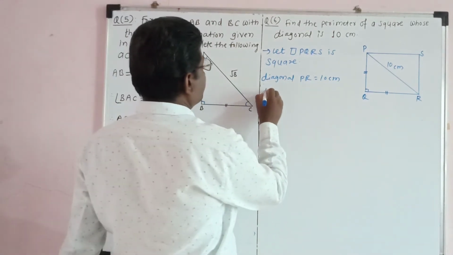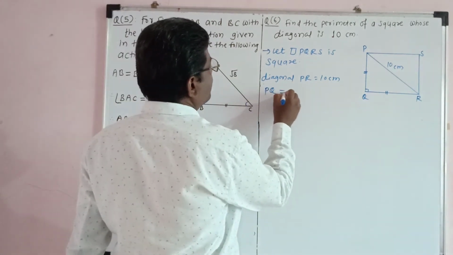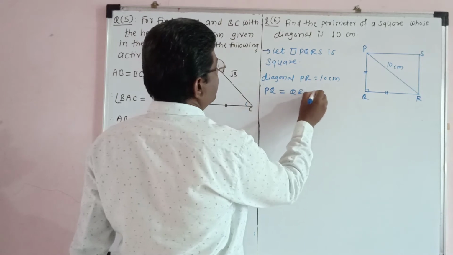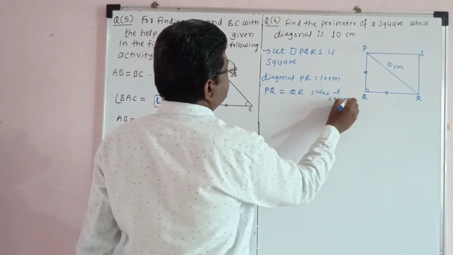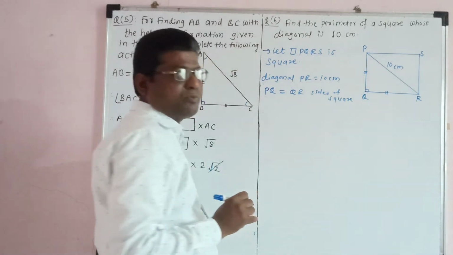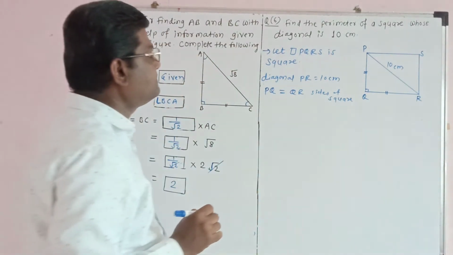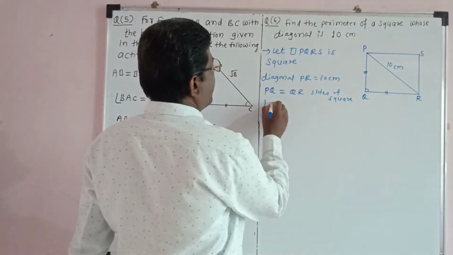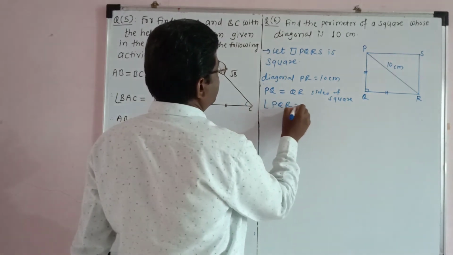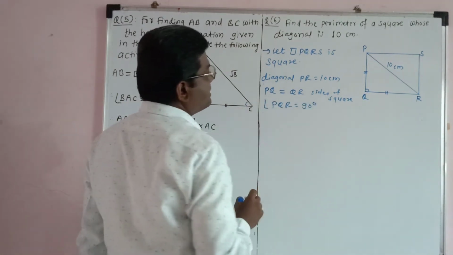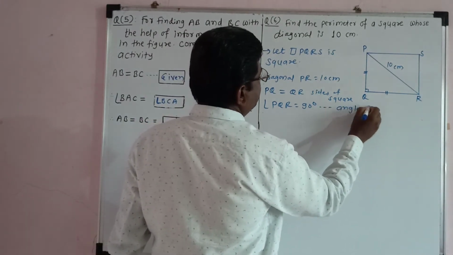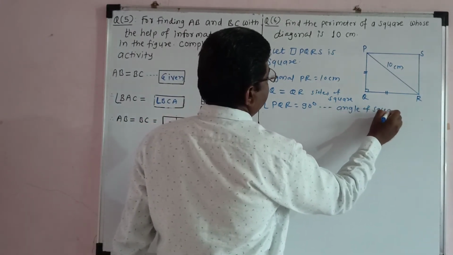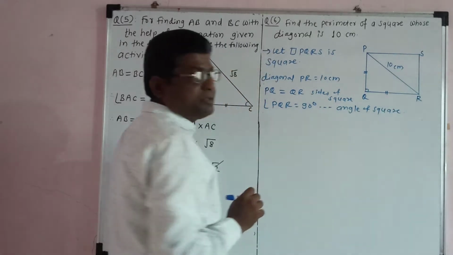Now PQ is equal to QR, sides of a square. Sides of a square are congruent. Angle PQR is equal to 90 degree, angle of a square.